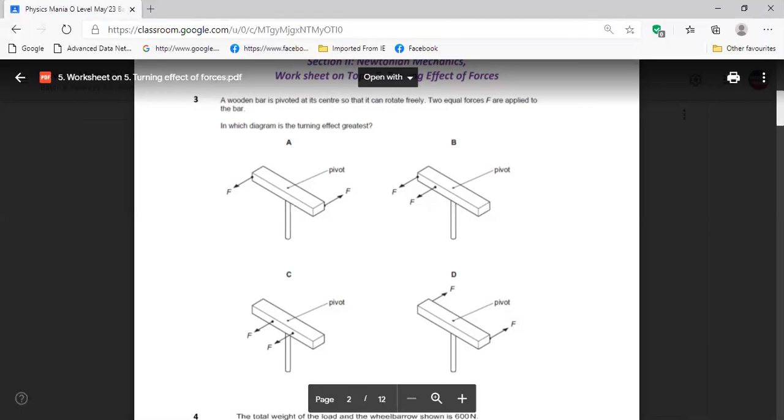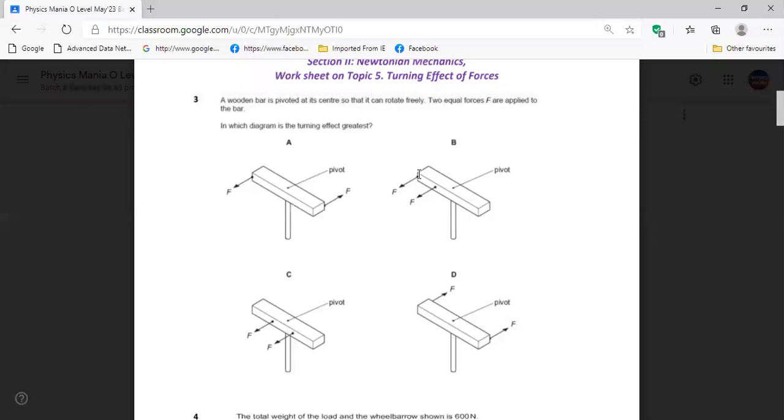That's why we will not choose C or D. We will focus on A and B. In B, we have this force far away from the pivot and this force almost half the way, right?